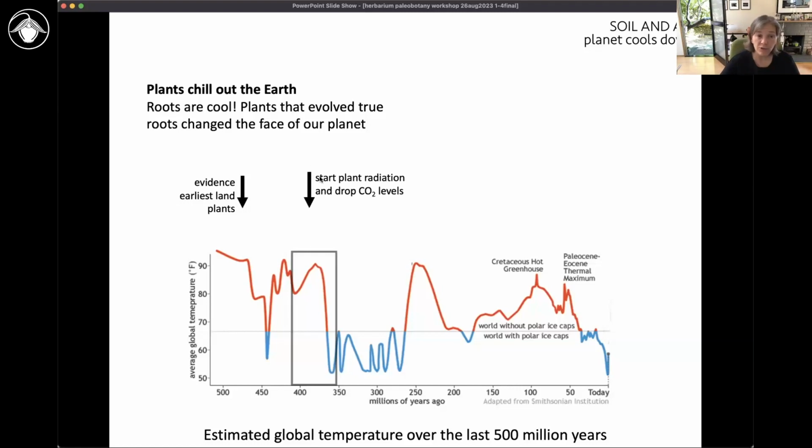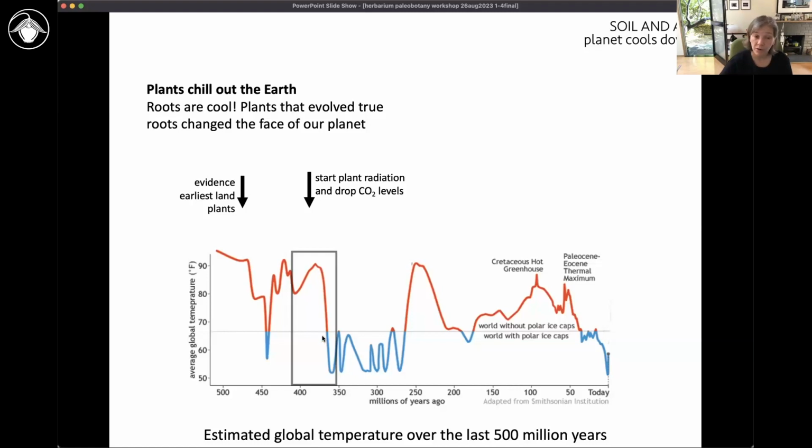And the second arrow shows when the start of the radiation of plants really takes place during the Devonian. And reconstructions of temperatures and CO2 levels indicate CO2 levels are indeed going down, and our planet's temperatures are going down as well, relatively rapidly.